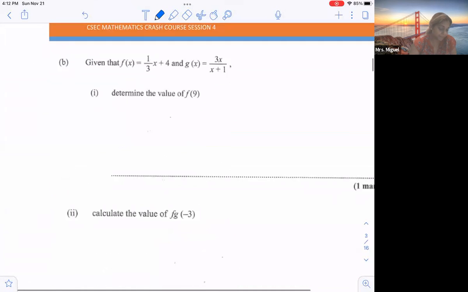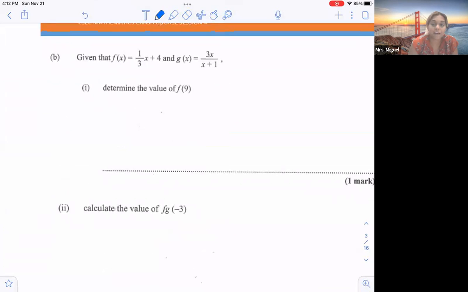All right, let's go. Given that f of x is 1/3 x plus 4, find the value of f of 9. So f of x is the function 1/3 x plus 4. I want to find f of 9.